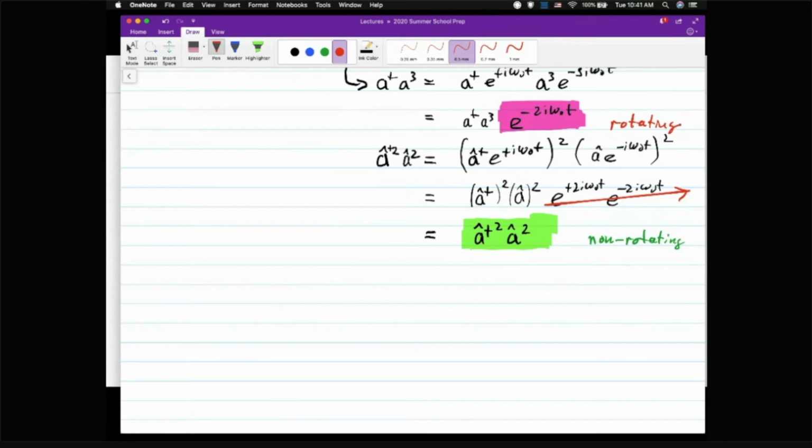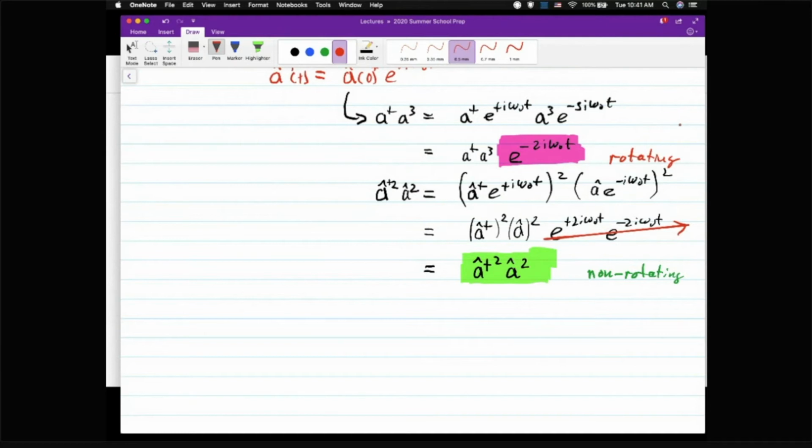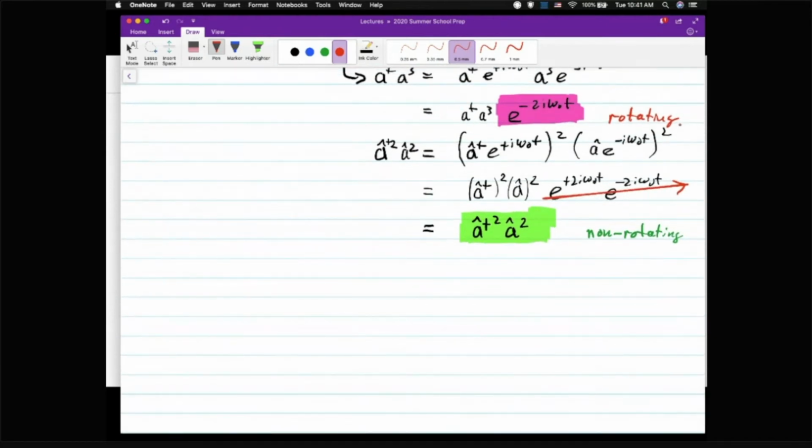Now, you might be starting to wonder, why am I trying to identify rotating and non-rotating terms? That's going to be along the lines of pushing us into a very important approximation called the rotating wave approximation, something you covered in lab yesterday.